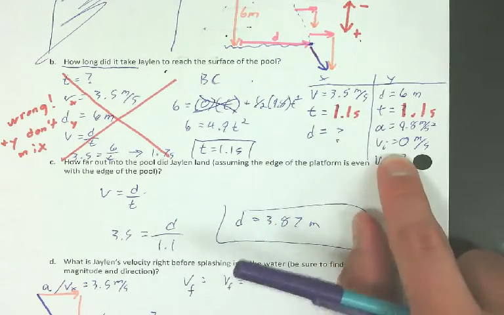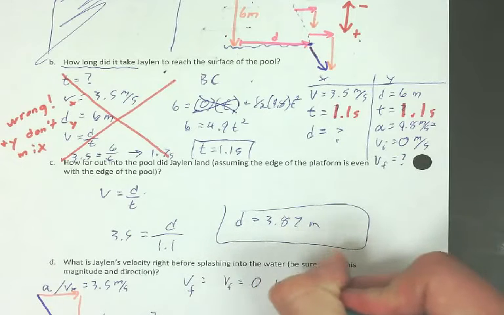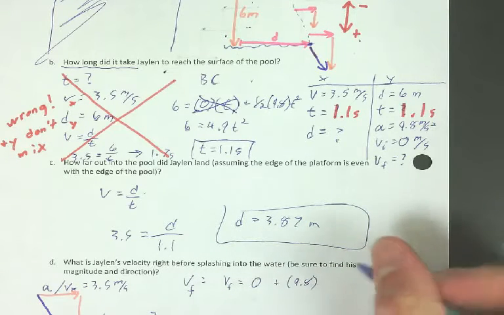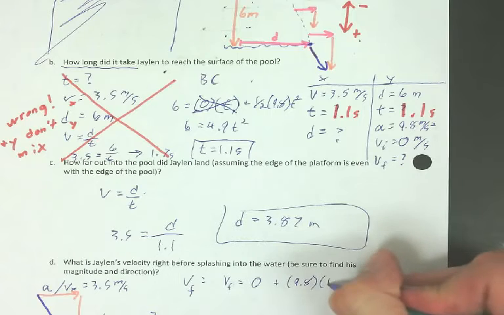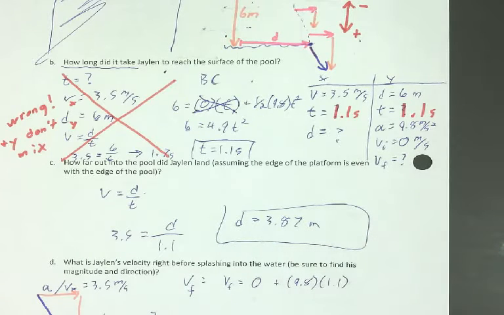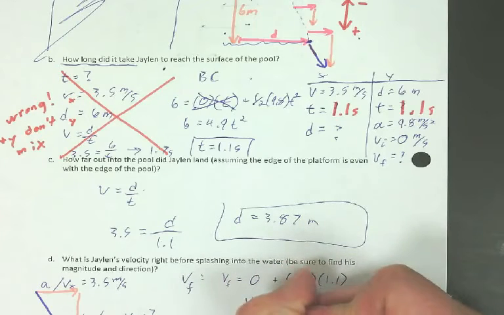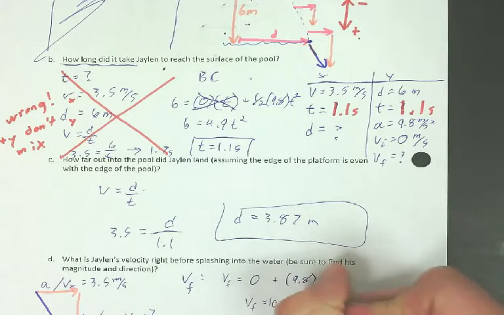I'm using 0 because it's the y initial, plus a, which is 9.8, times t. Again, don't worry if you're off a little bit by rounding here for what my answers are. And the answer I'm getting for v final is 10.78.